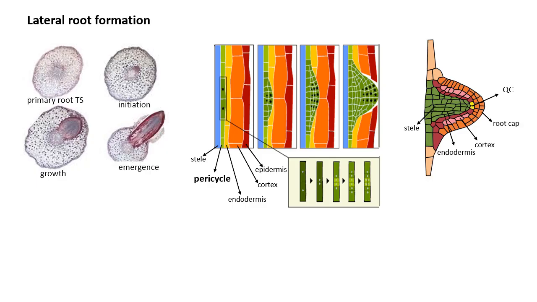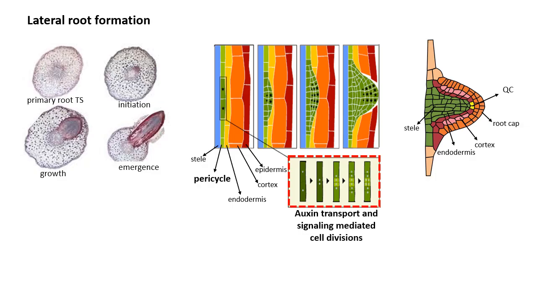In response to the auxin maxima in this region, these stem cells show asymmetric anticlinal divisions, forming a single-layered primordium of 8 to 10 cells.